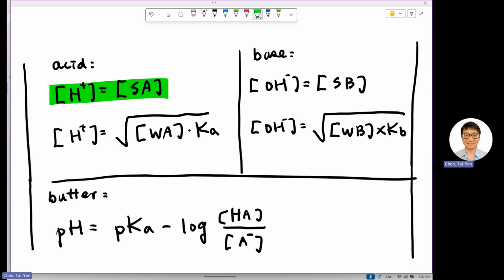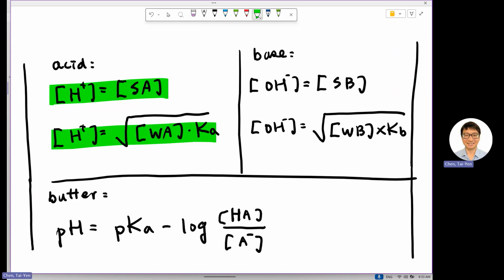Therefore, the proton concentration is going to equal your strong acid concentration. For weak acid, we're referring to an acid with Ka smaller than 10 to the negative 4. Therefore, the proton concentration can be calculated using the square root of the weak acid concentration times your Ka.